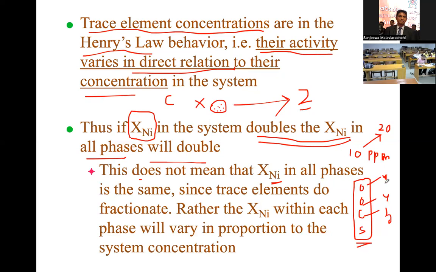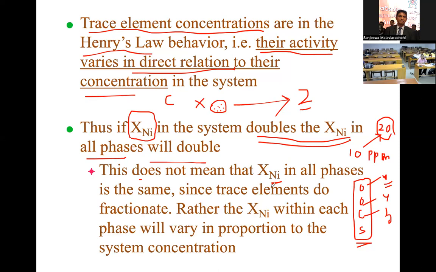That means 2x, 2y, 2z amounts, and altogether it should be 20 ppm in the system.